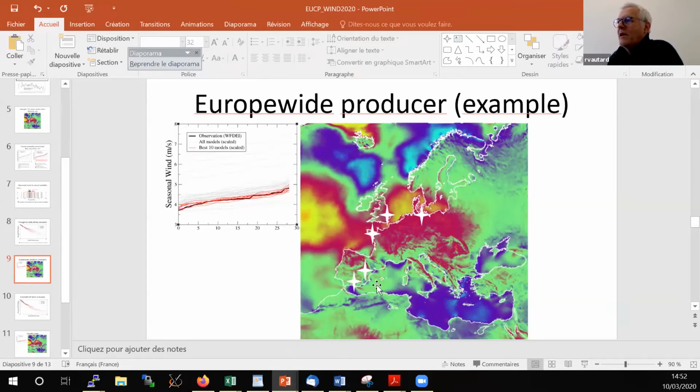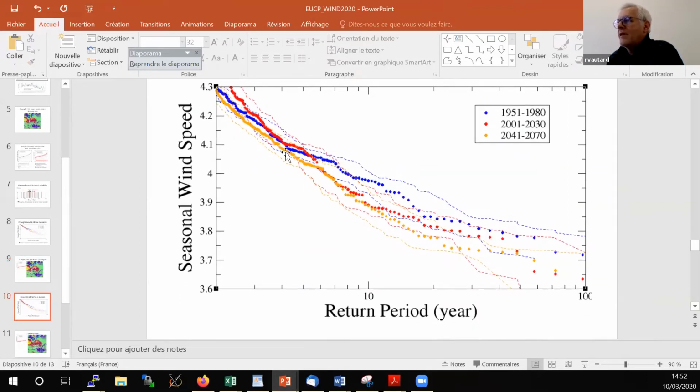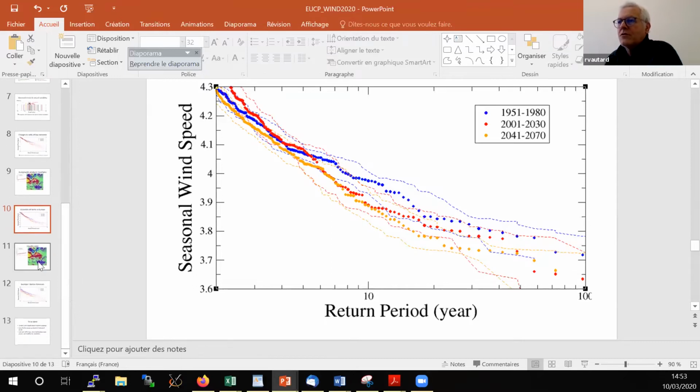If we had a company which would own wind farms across Europe, like this, we could do the same exercise, select the best models, and calculate the risk curve, and end up with something that is, again, a bit decreasing in the future. And actually, if we select more or less at random the location of wind turbines, that's exactly what we find in many cases, a marginal decrease of wind in the future.